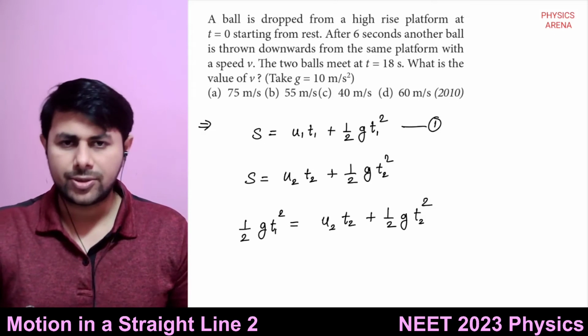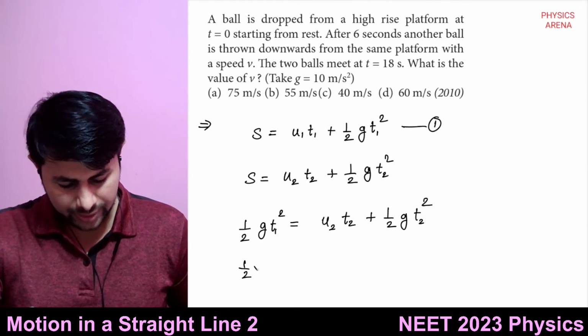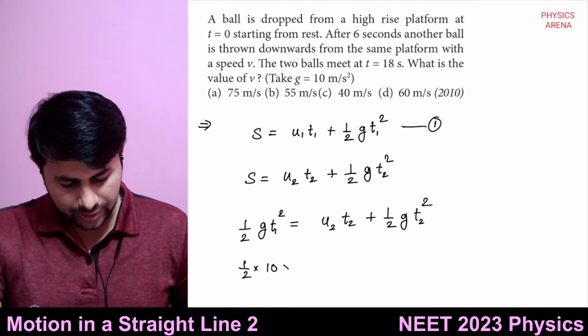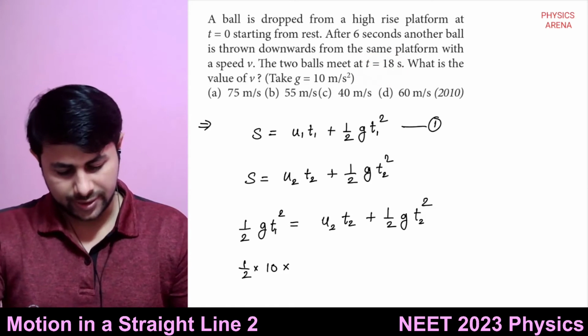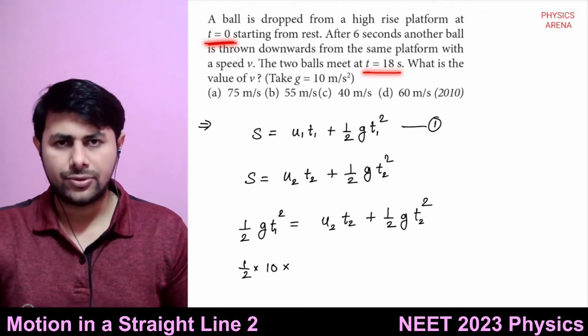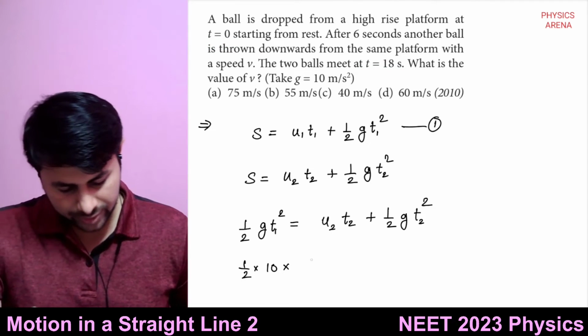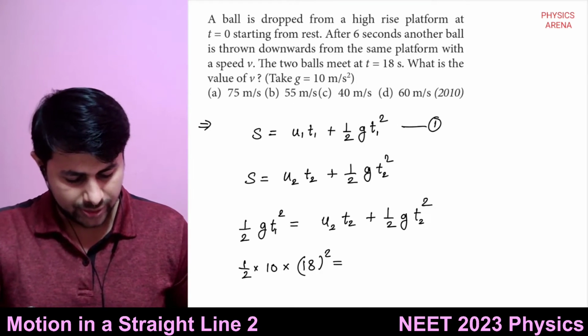And now we can substitute the values. Half of g is 5, and t1 is 18 seconds, starting from t equals 0 to t equals 18. So 5 times 18 square is equal to u2 times t2.